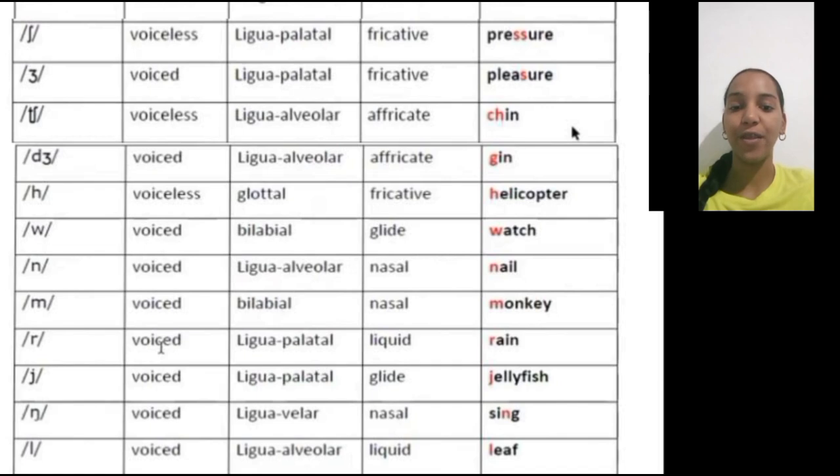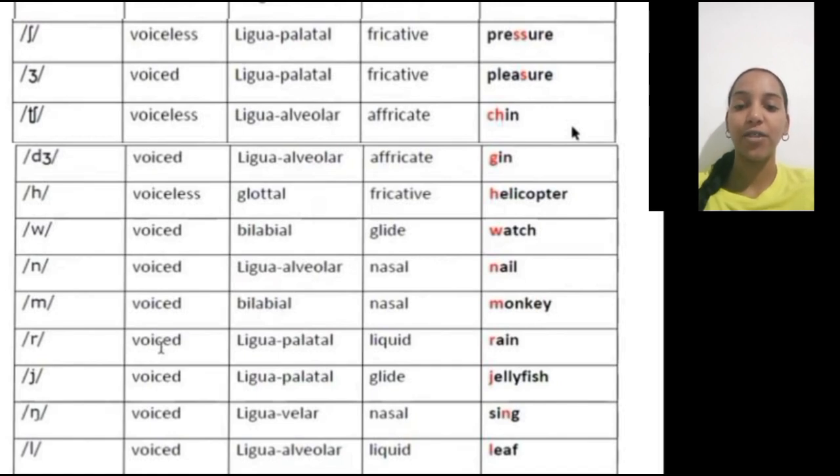Then we have the phoneme ch, which is voiceless, alveolar. It is an affricate because first the airflow is stopped and then suddenly released. For example, chin.